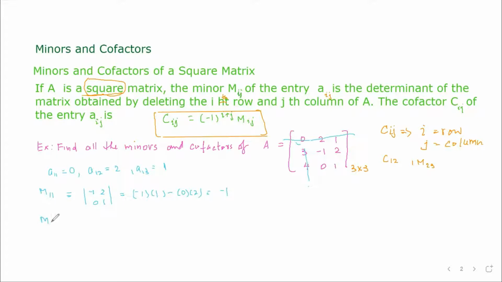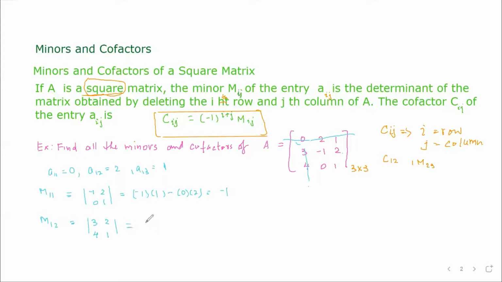Then you have to find M12. So you go first row, second column, and you are left with 3, 2, 4, 1.